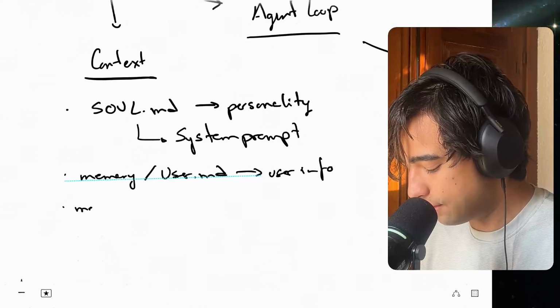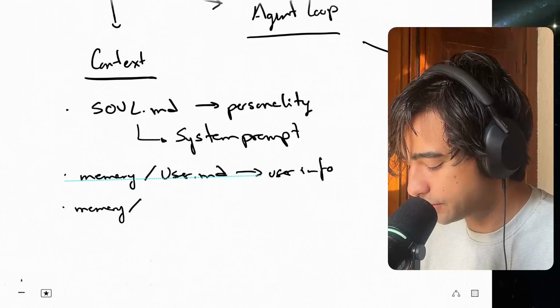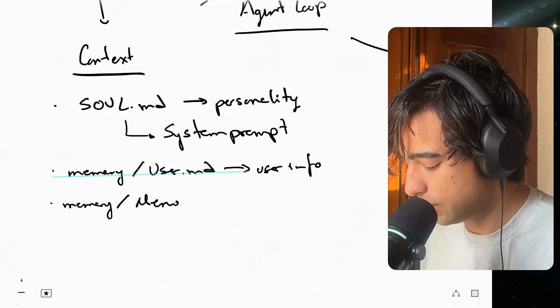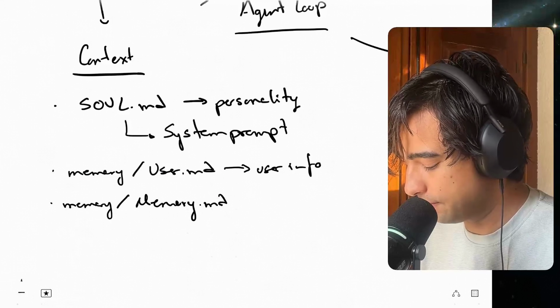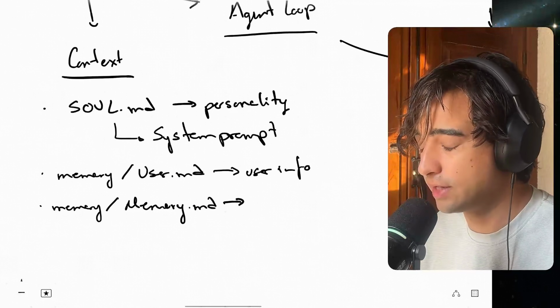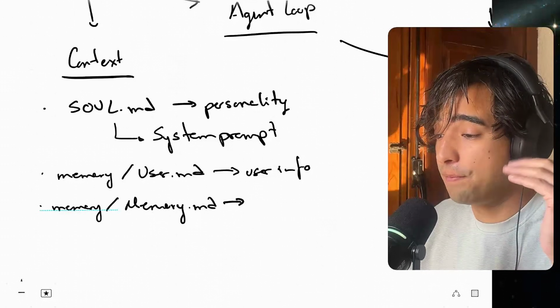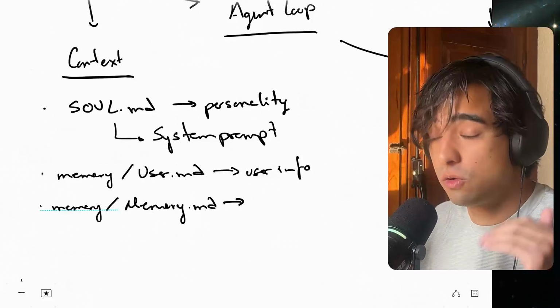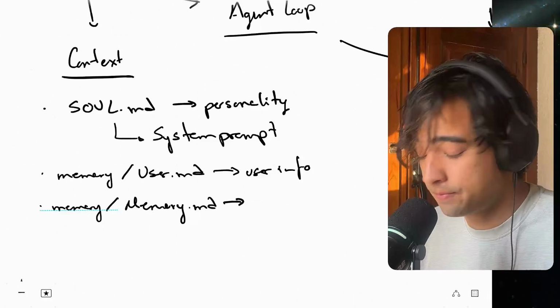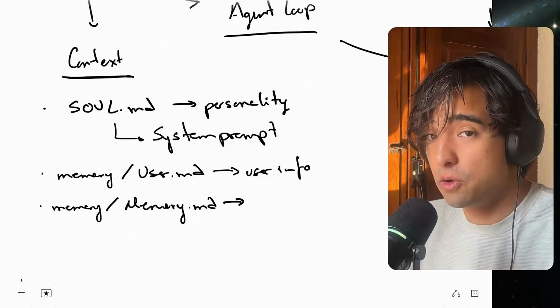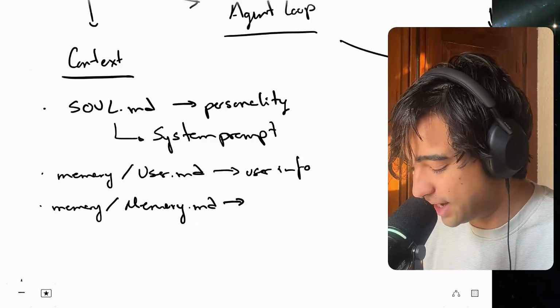Then inside the memory directory as well, you have another markdown file called memory.md. And this one right here is more of an arbitrary memory of arbitrary facts, okay? The agent will also update this one manually, unless of course you ask it to update it, or you go and update it yourself.